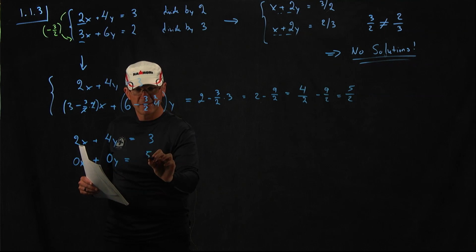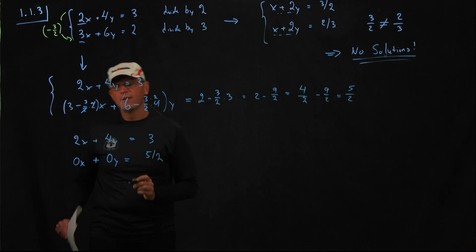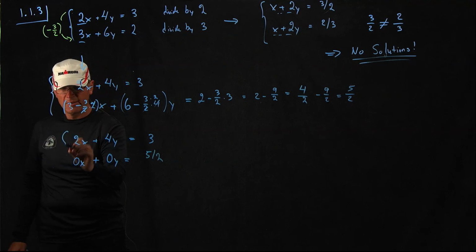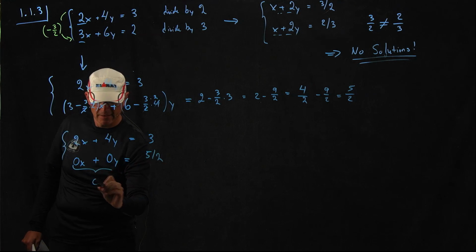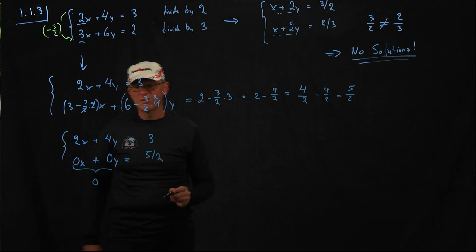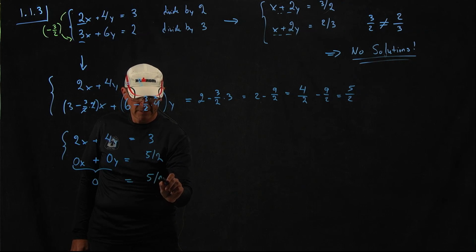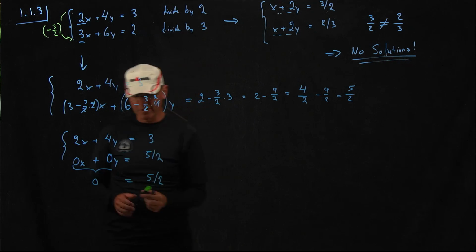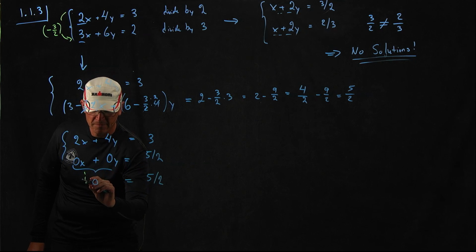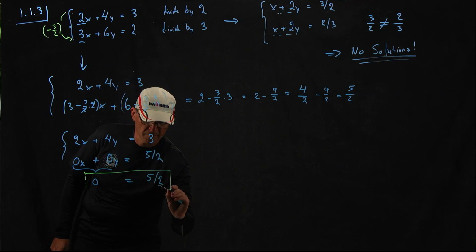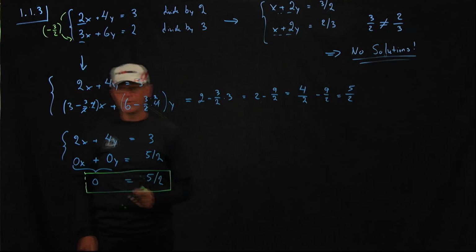So here, if we clean up this, that's 0. So what we have is 0 equals something non-zero. Right, which is strange, right?